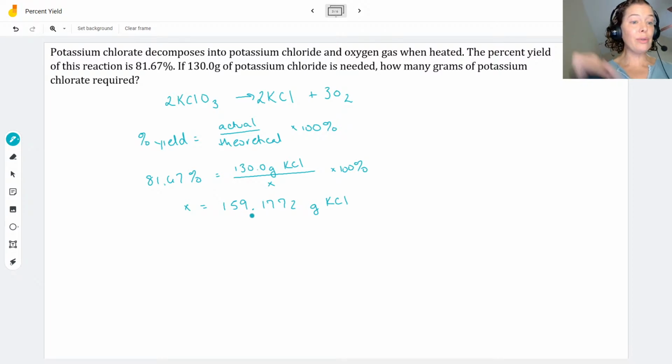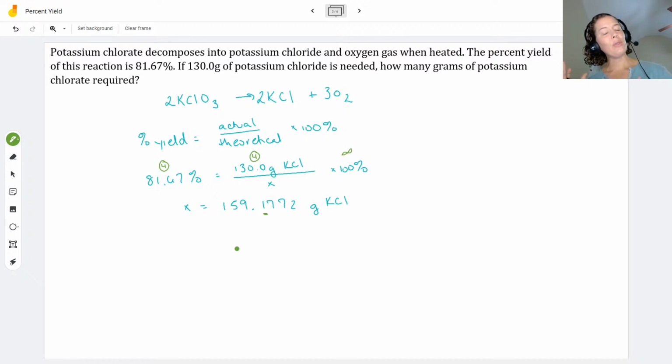Okay, let's do sig figs, because of course I wrote down a lot of decimal places, but we're not going to need all of them. So I have 4 sig figs here. I also have 4 sig figs in my 130. And this 100%, that's got an infinite number. That is exact. So I need 4 sig figs in my answer, which means I'm going to round to that one right there. Okay, so this is my theoretical yield.